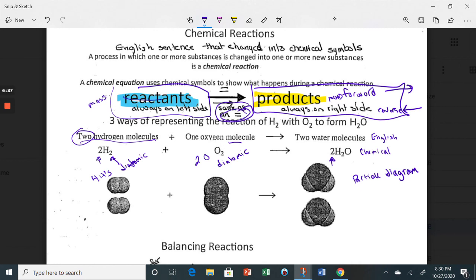And on this side, I have 4 H's because I distribute this over here, and I have 2 O's because that gets distributed to him, and his subscript is known to be a 1. My number of atoms total on this side equals my number of atoms total on that side.